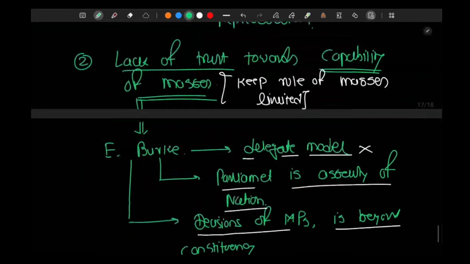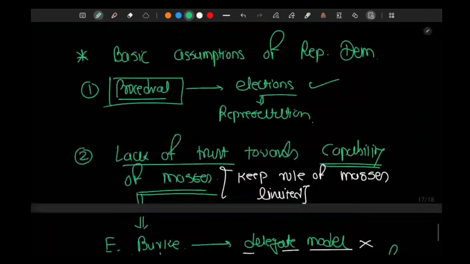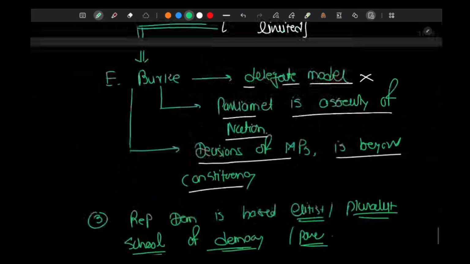What are the three basic assumptions? That there is a strong procedural element in representative democracy. Scholars of representative democracy have a general lack of trust towards the capability of masses, where you can give reference to Edmund Burke. Edmund Burke does not like the delegate model.